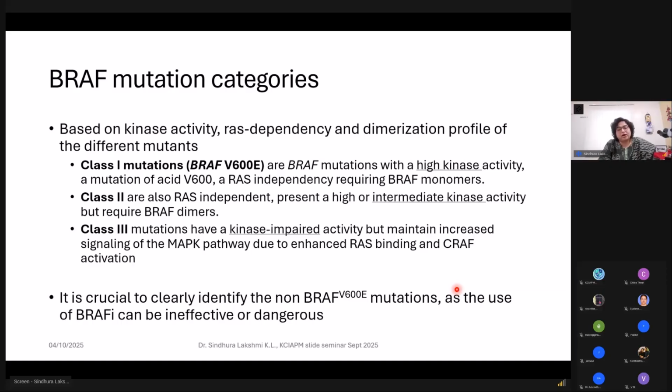So it is crucial to identify mutation categories and also to identify the non-BRAF V600E mutations such as exon 11 mutation, because BRAF inhibitors can only be used when there is a BRAF V600E mutation.